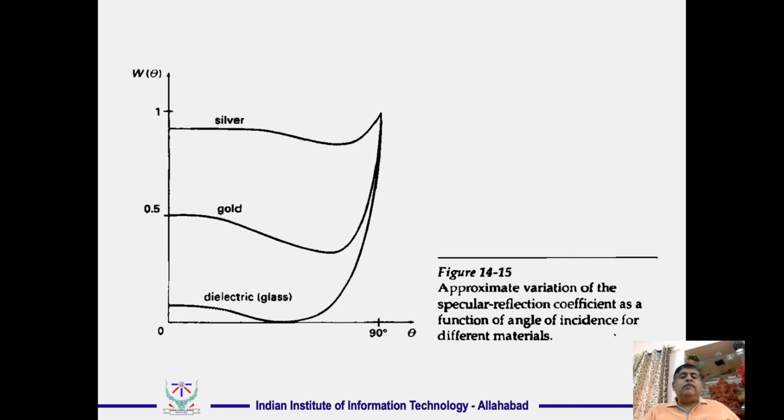Here we replace the cosine theta function by a function of this kind, which is empirically determined, where suddenly there is a rise in reflectivity at angles close to 90 degrees, which you see in this material. So while designing materials of silver, gold, and dielectric, this sort of a function may be used.